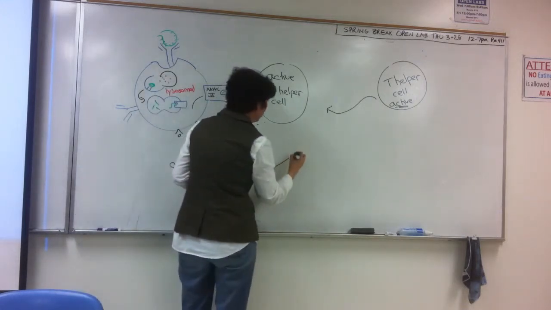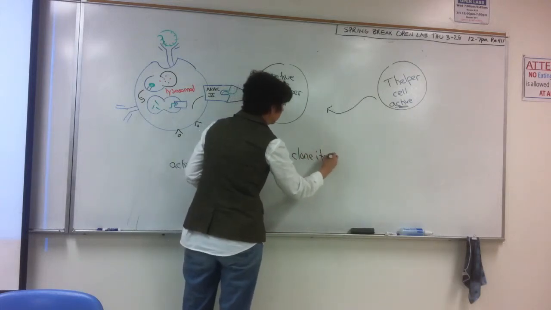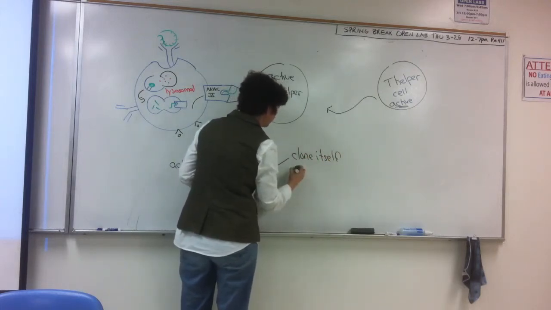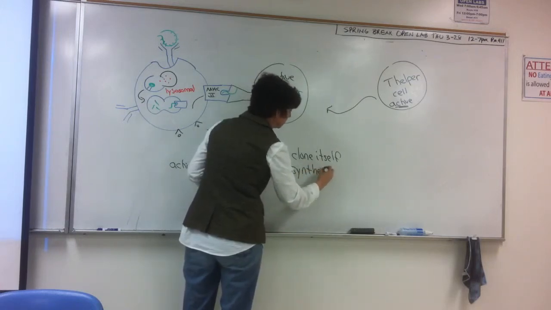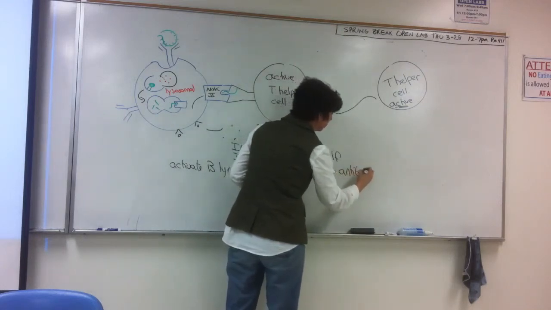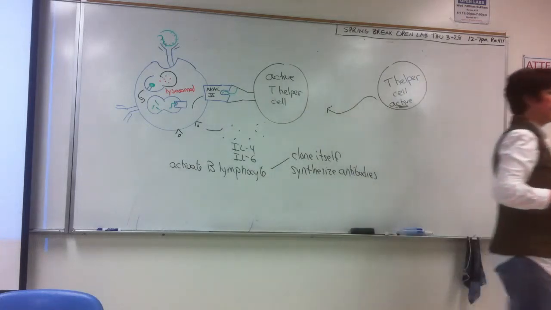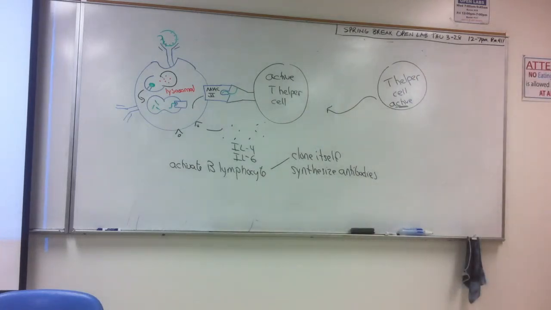It will now clone itself, and it will also start to make antibodies. These B cells can do so at the rate of 10 million an hour.